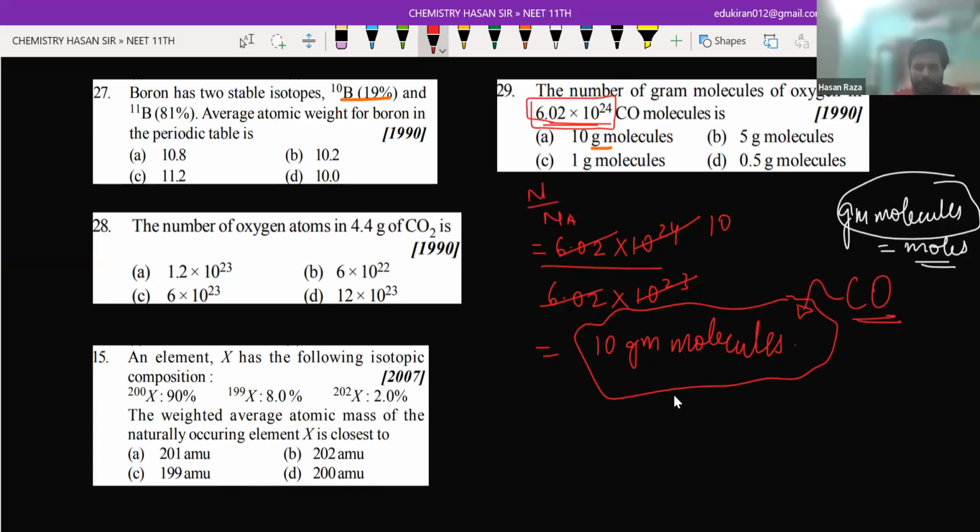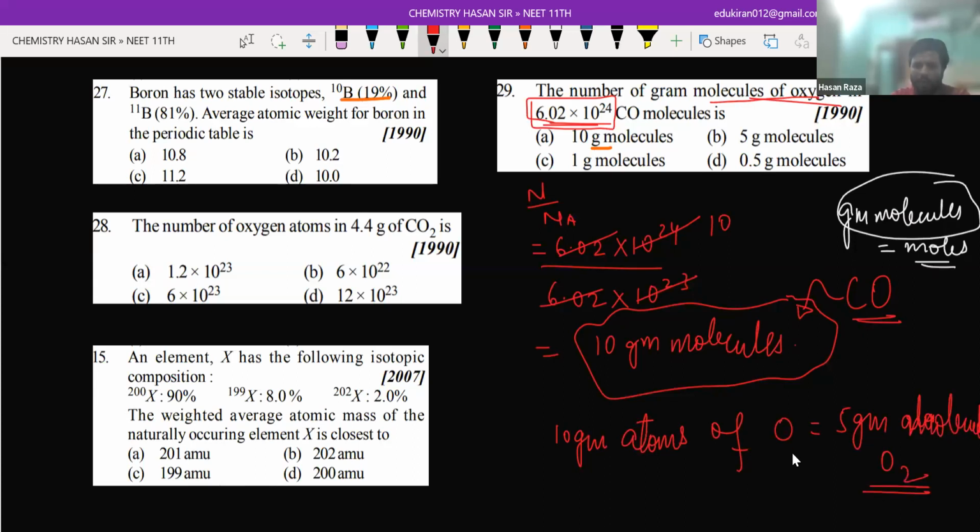Use it like this: 10 gram molecules, or you can write 10 gram atoms of oxygen. Since we need to write the gram molecules of oxygen, 10 gram atoms of oxygen will be equal to 5 gram molecules of O2.